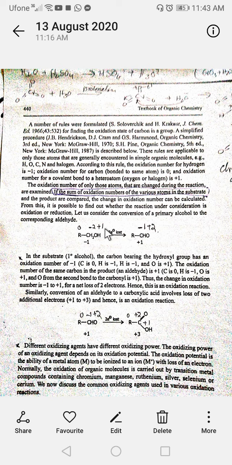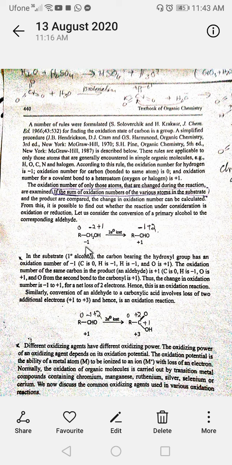So what will be the sum? +1 -2 is equal to -1. Now here the rule is not used that if -1 is present, then +1 should be for carbon so that it will be equal to 0. That is not the case here.